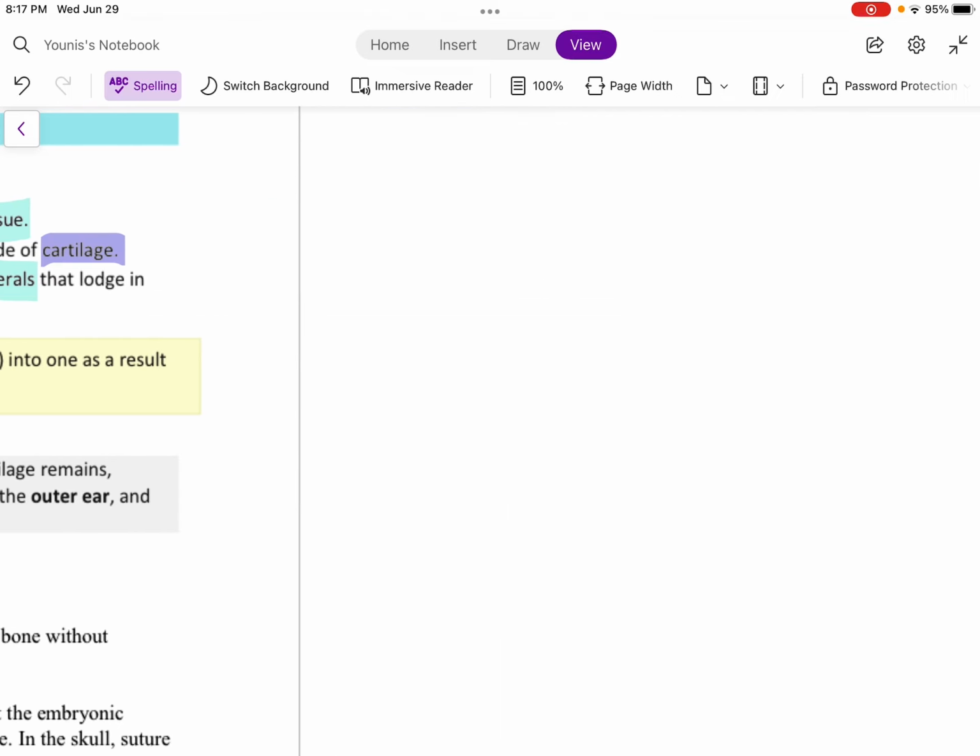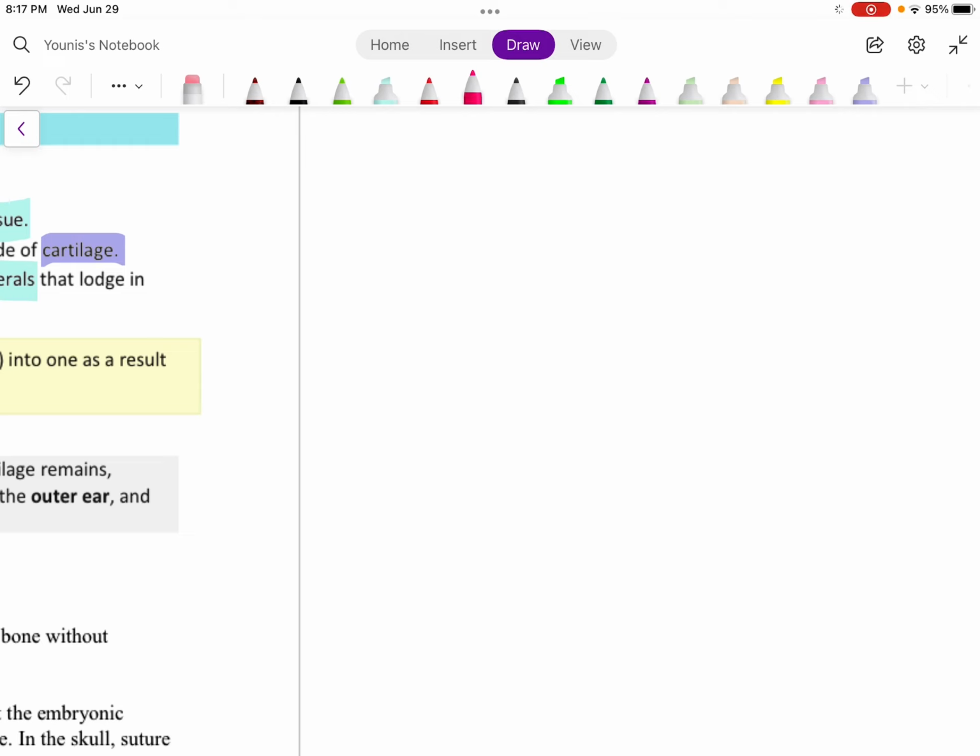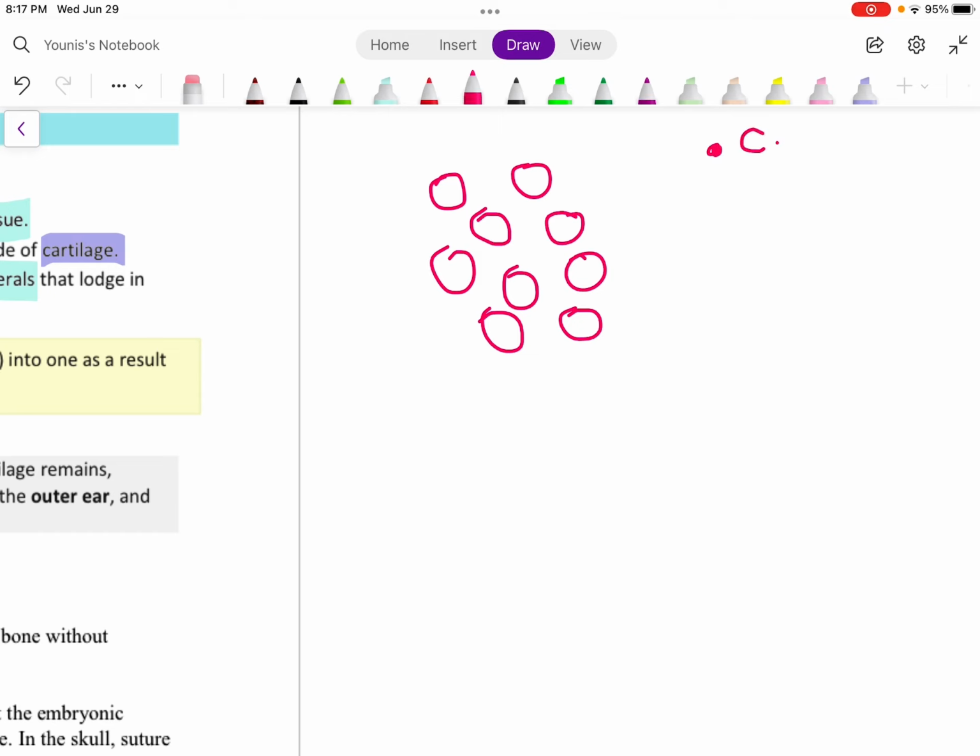So if I can draw something here, let's assume these are the cartilage cells. Why do they have flexibility? Because the matrix is semi-solid and also there are some spaces. But let's assume the pink color is for the cartilage cells, and the green one is for the bone cells. So some of the bone cells will develop during the third month of pregnancy.